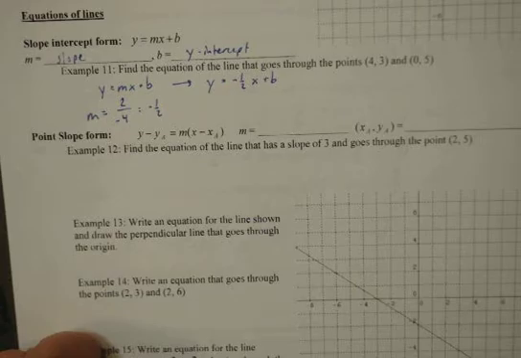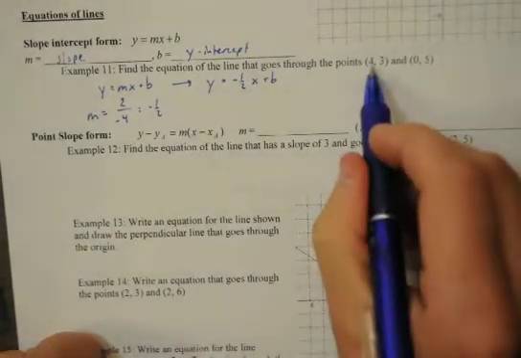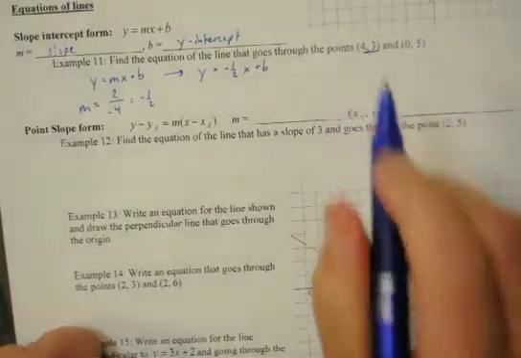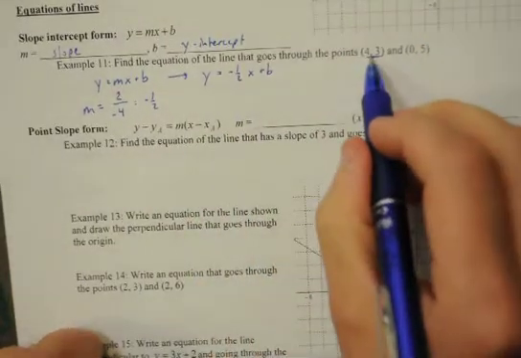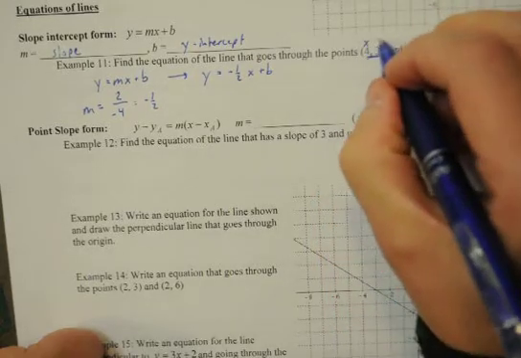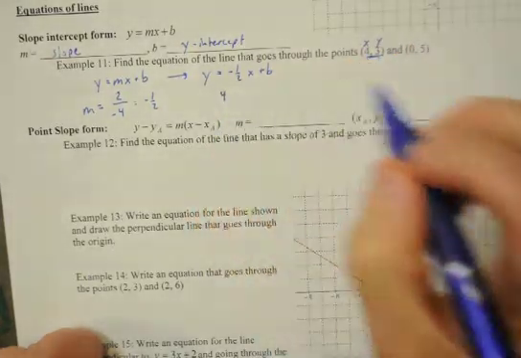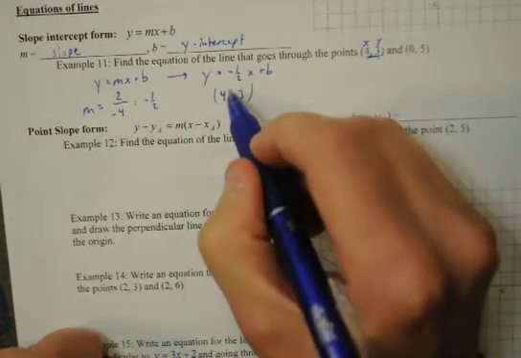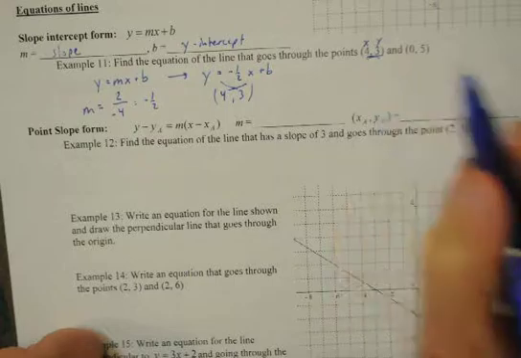Now also we have a point. We have, for example, 4, 3. We also have 0, 5, but let's use 4, 3 just because I want to show you. That's an x and a y. And now what we can do is plug in the x and the y.